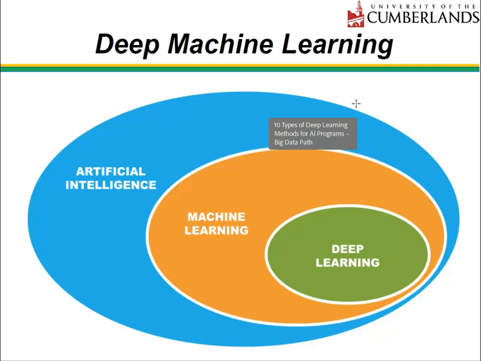category, where essentially we're saying that all deep learning is machine learning. But of course, not all machine learning is deep learning. So machine learning will include simpler techniques like linear regression, decision trees, support vector machines, and many others.